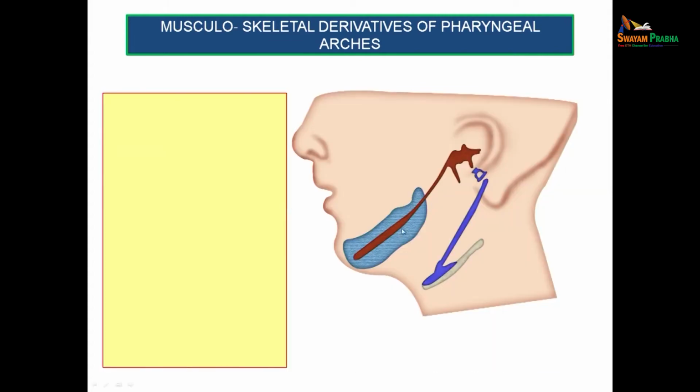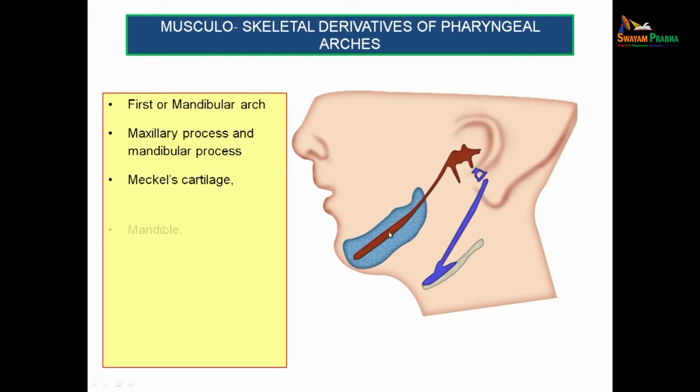So let's see, this is the first arch. You can see here it is a cartilage, Meckel's cartilage. This is the first arch or the mandibular arch. You have the maxillary process and mandibular process belonging to the first arch. The Meckel's cartilage will ossify to form a portion of mandible. It will also give rise to the malleus and incus.